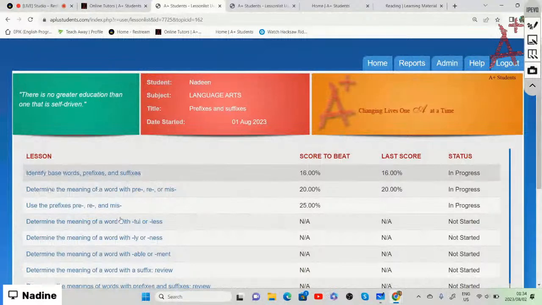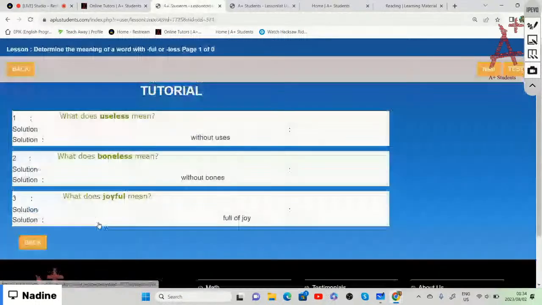So pre means before, re means again, and miss means wrong. So now we're going to determine the meaning of a word with full and less.